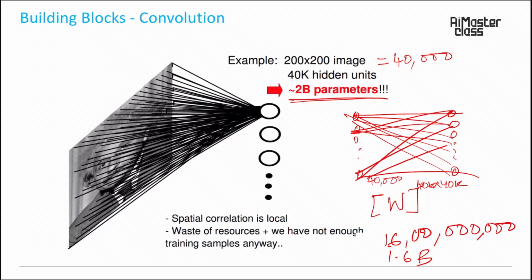So that's not a good idea. Why? Because of multiple reasons. One, it's a waste of resources. It will start to overfit because we will usually not have so much training data. And two, especially when we are dealing with images, images are 2D where spatial correlation is local, right? What it means is there is something like a nose, and then there are eyes which are close to the nose.